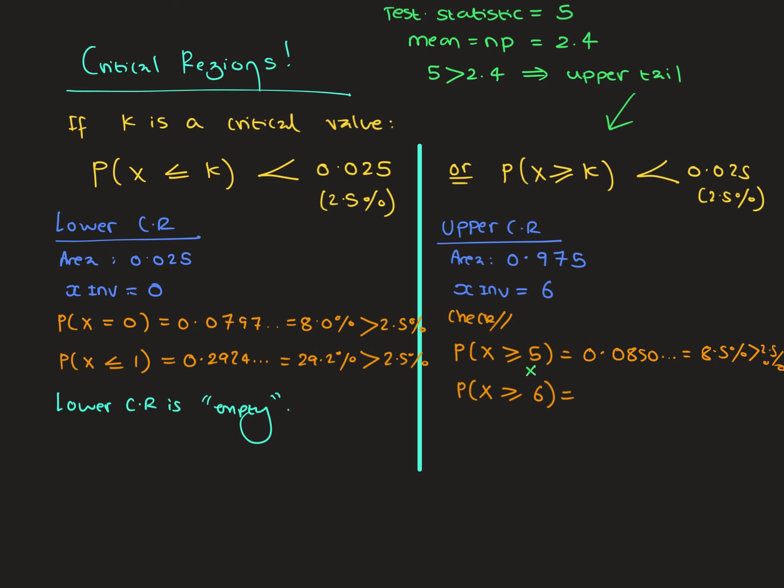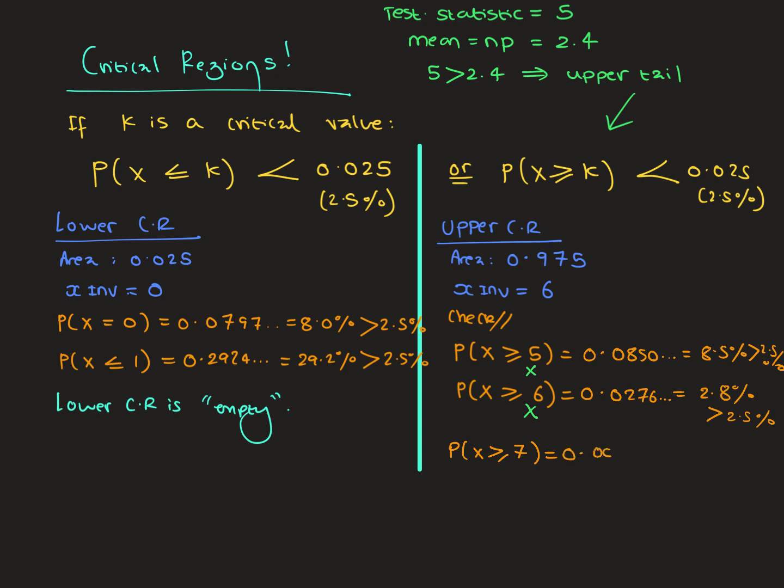Now, what about the probability that x is greater than or equal to 6? Well, that is equal to 0.0276..., so that, if we work it out as a percentage, is 2.8%, which is also greater than 2.5%. So that tells us that 6 is not a critical value. So actually, I need to go one more and work out the probability that x is greater than or equal to 7. Now, the probability that x is greater than or equal to 7 is a smaller number.